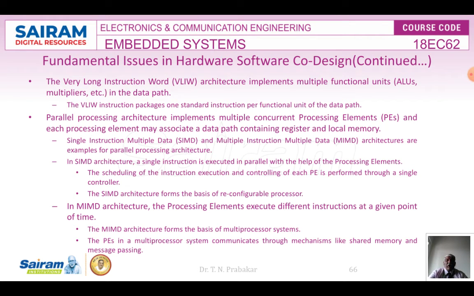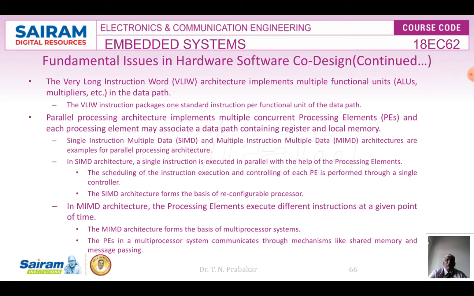In MIMD architecture, the processing elements execute different instructions at a given point of time. The MIMD architecture forms the basis of multiprocessor systems because, say for example, in the previous example you might have seen there are 8 processing units. So it takes 8 different data and 8 different instructions that get executed.